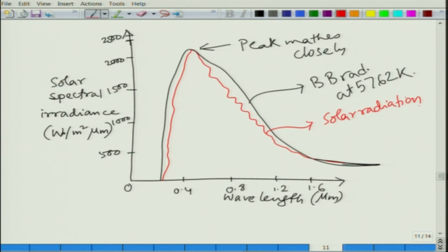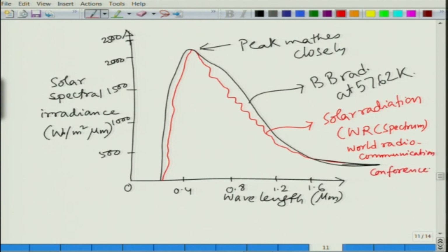And this particular radiation we call the WRC spectrum. WRC stands for World Radio Communication Conference.